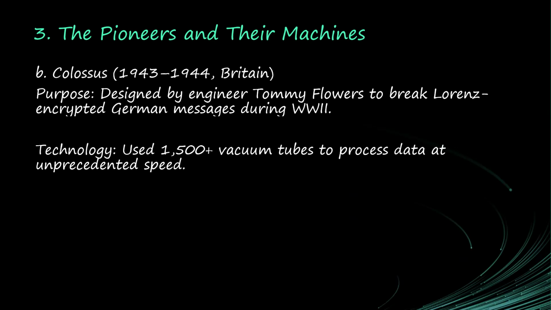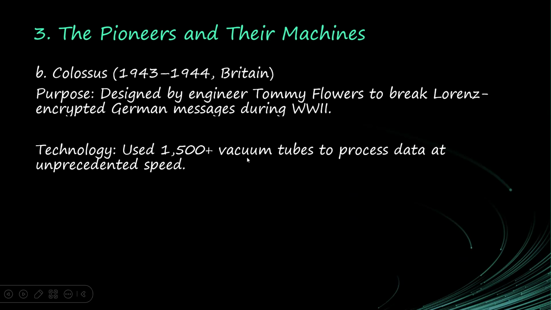That is how it works. This is used in cryptography, especially in cybersecurity. The technology used in this Colossus was vacuum tubes to process data at unprecedented speed, so the data processing was very, very fast.